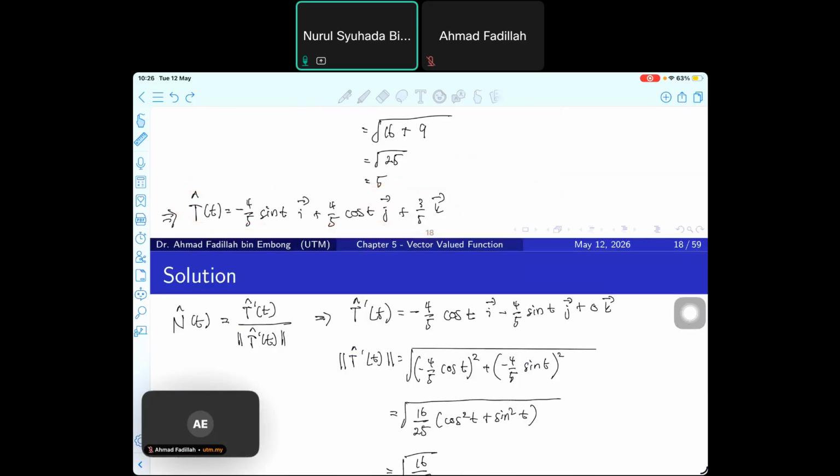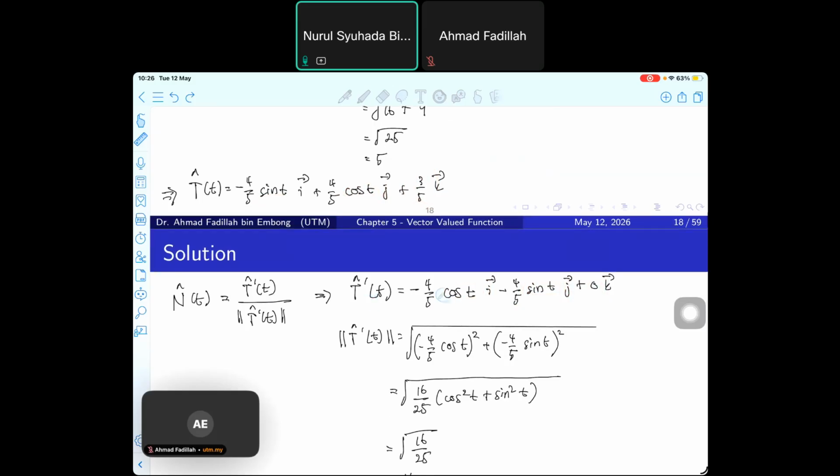Okay, so differentiating this T hat of t is equal to this part. Differentiating sine, we get cos. Differentiating cos, we get negative sine. And differentiating 3 over 5, we get 0.